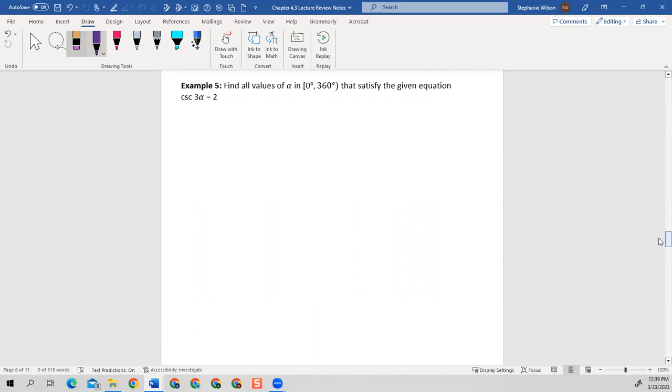What I know about cosecant is that cosecant is the inverse of sine, right? So if I write this in sine notation, so we can figure out which formula to use, then sine of 3 alpha is going to be equal to 1 over the cosecant of 3 alpha.